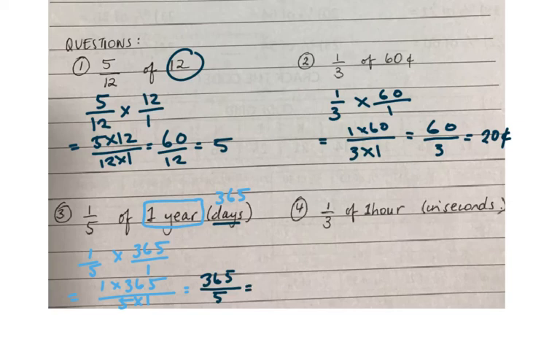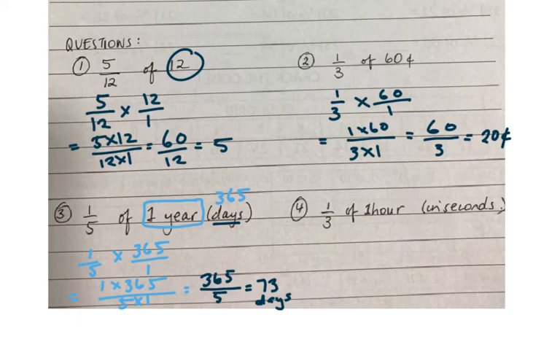So now we've got to work out 365 divided by 5. So 365 divided by 5 is 73. And I'm going to include days in my answer because I've got to include the units.